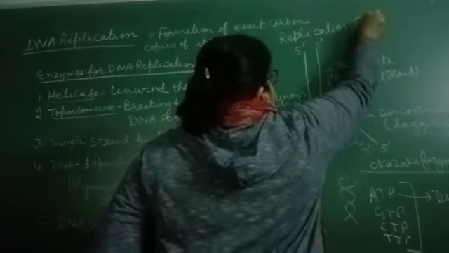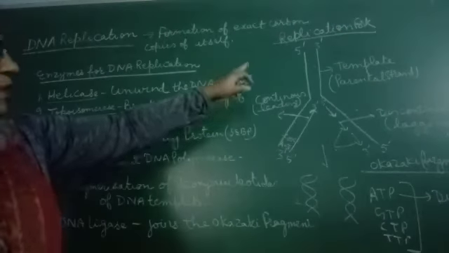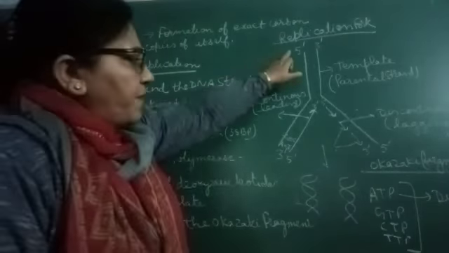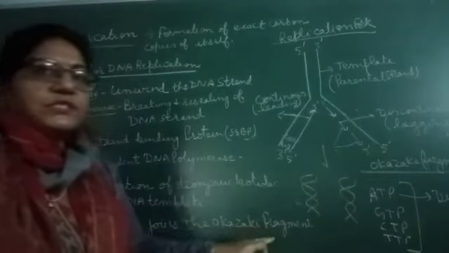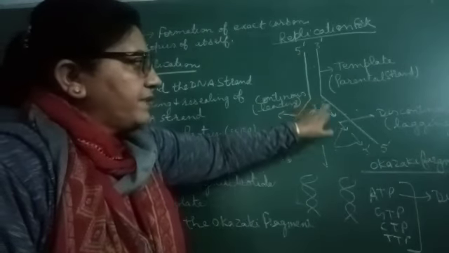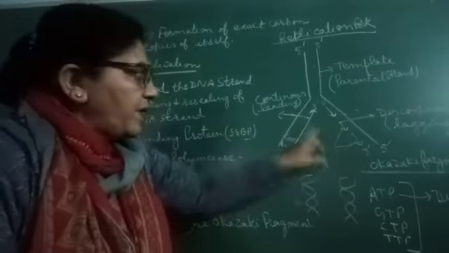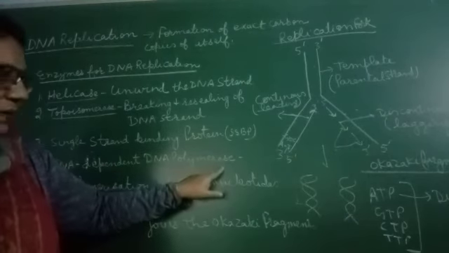This replication fork diagram is again very important. We have the polarity 5' to 3' and 3' to 5', but the new strand will always form from 5' to 3', with the help of the enzyme DNA dependent DNA polymerase.